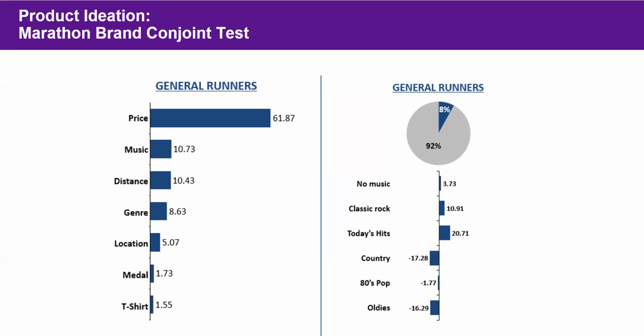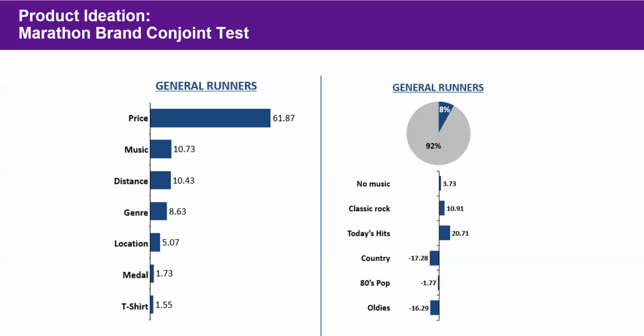And the beauty of this, which is what you're looking at, is called a conjoint exercise, which again is really looking at the importance of different components of a product. All of these on the left add to 100. So you can really quickly see at scale how the different components of your product drive overall value.